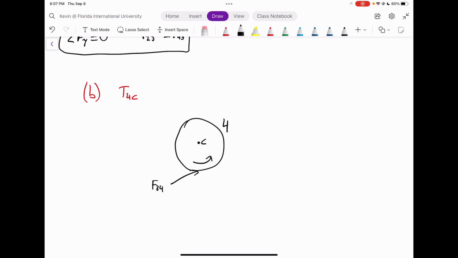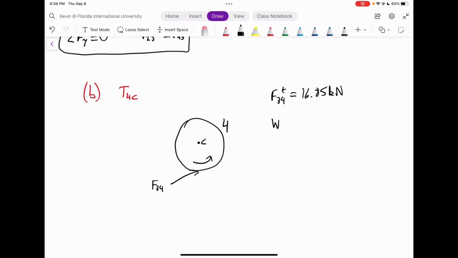Now, this is a little bit more complicated, but something that you have to kind of think about, and there's an easy rule to remember this. But so we can first say that F3-4T is going to be equal to 16.85 kilonewtons, okay? It's just the opposite of F4-3T, so it's the same value as before.